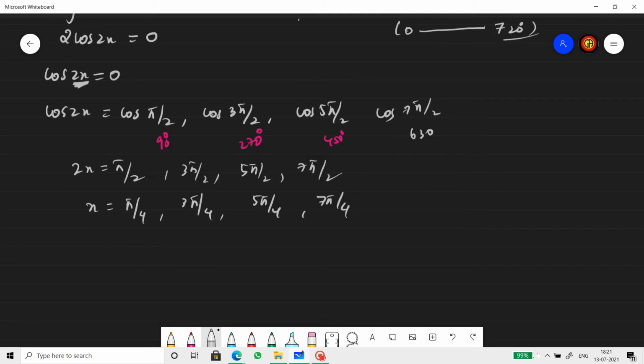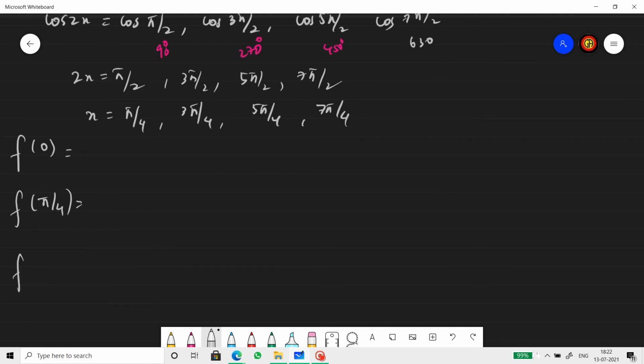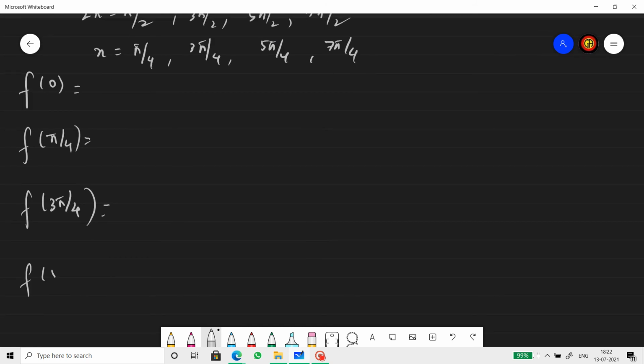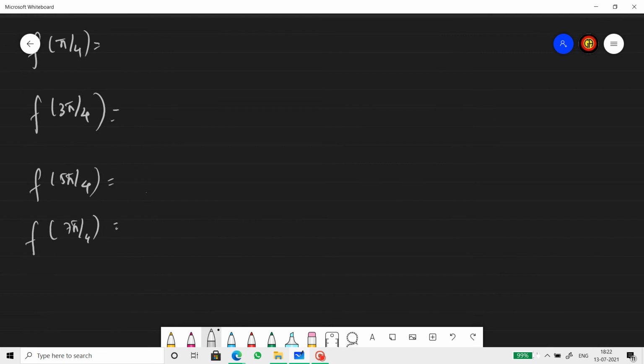Now substitute all this along with 0 to 2 pi. f of 0, f of pi by 4, f of 3 pi by 4, f of 5 pi by 4, f of 7 pi by 4, and f of 2 pi.